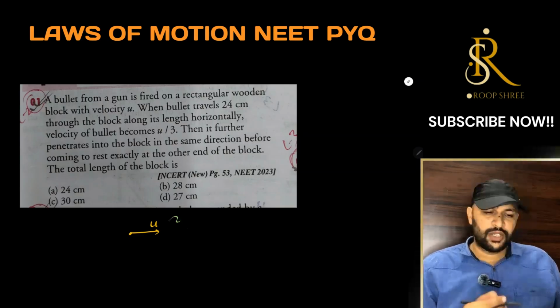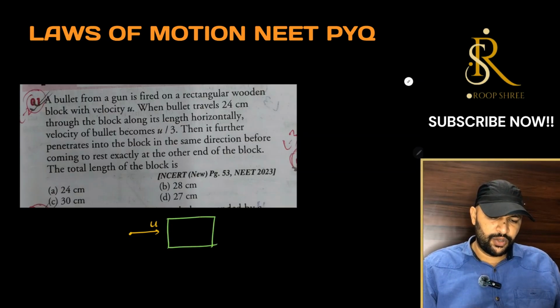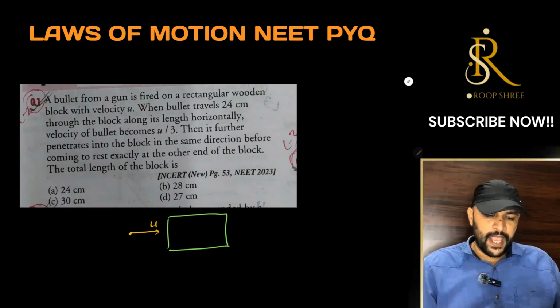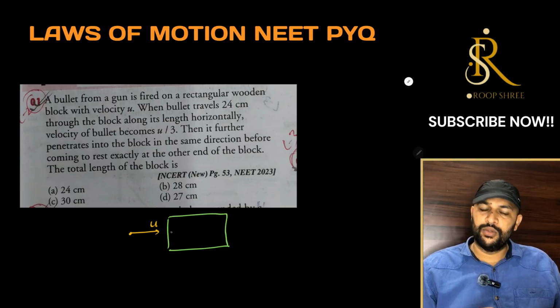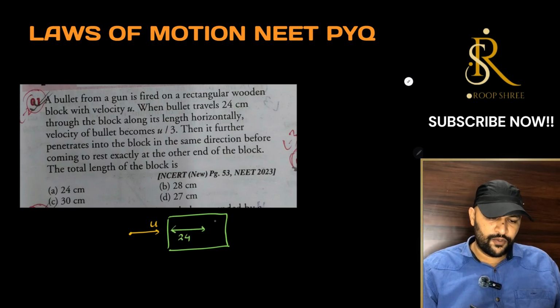So let's break the problem. The problem says that you have a wooden block like this. Let me make it a little big so that we can understand it much better. So this is a wooden block and a bullet with initial velocity u is fired on the block, right? After hitting, it travels 24 centimeter, where its velocity reduces to u by 3, correct?